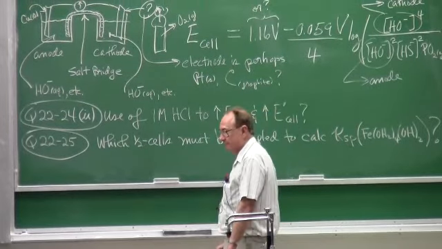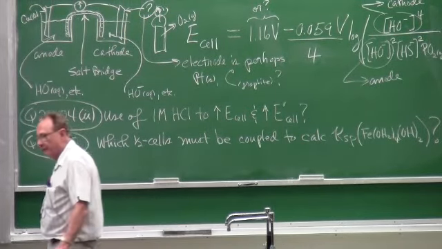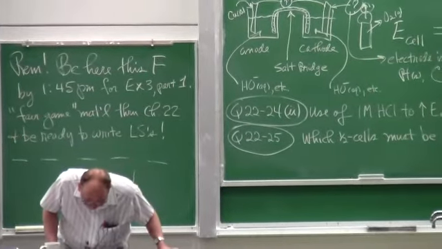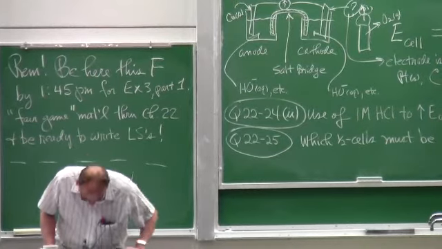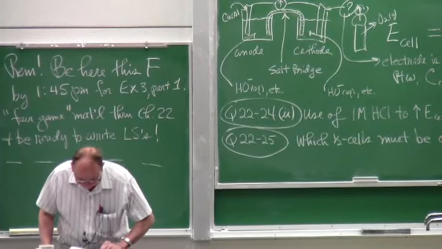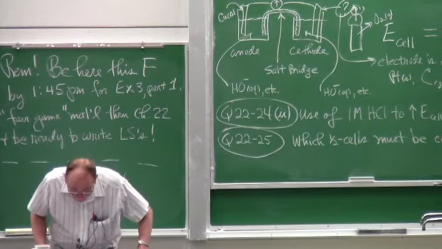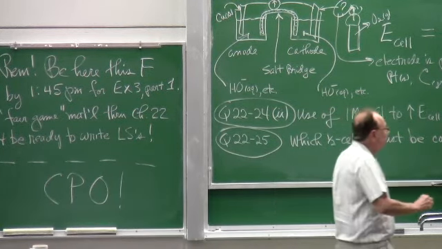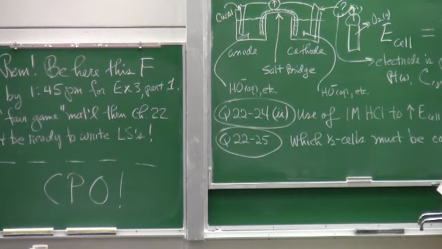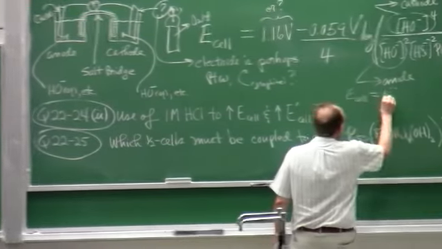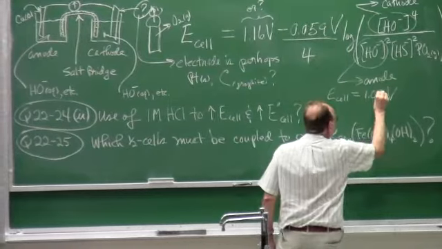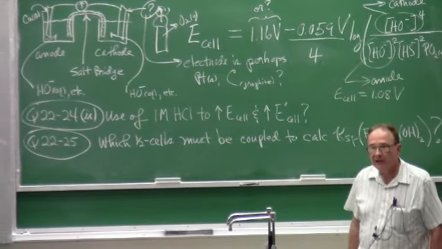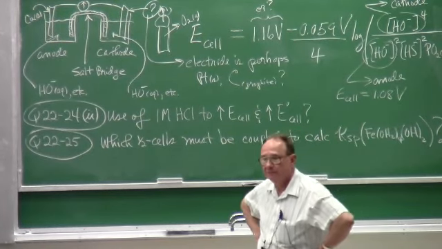Now, you can do the arithmetic. For this system, I get E cell is 1.08 volts for the conditions stipulated. Notice the pH of 14.30.